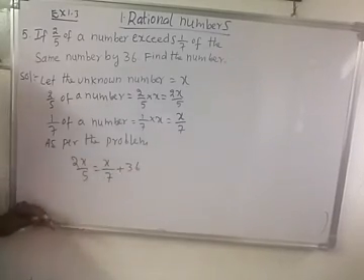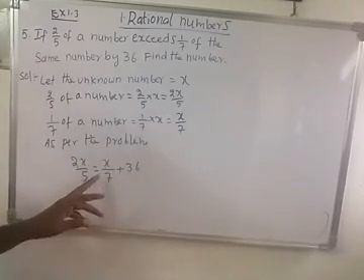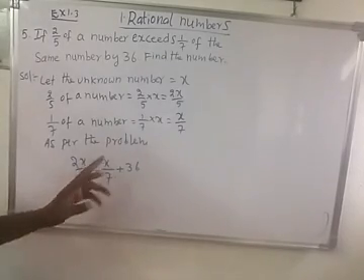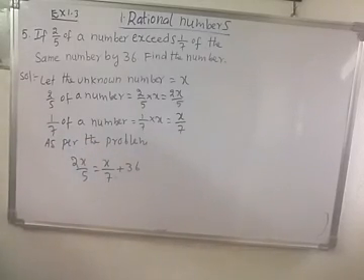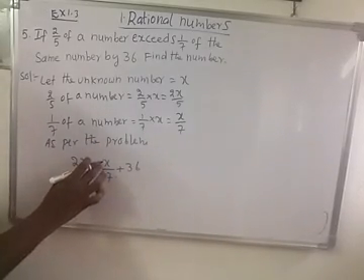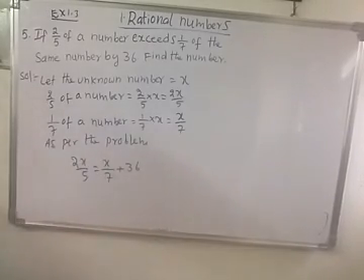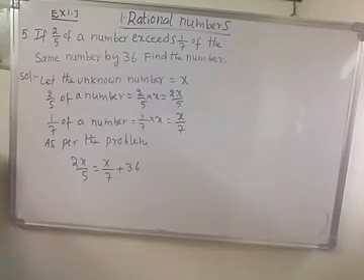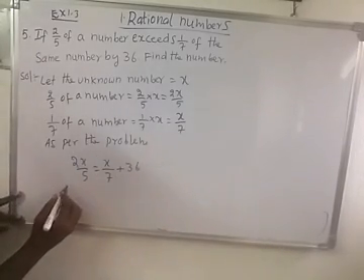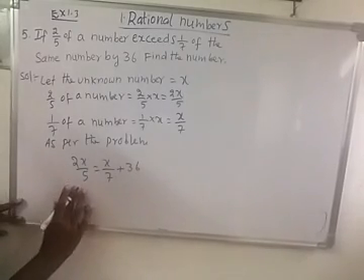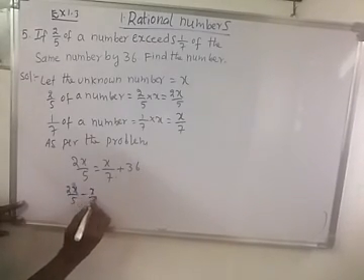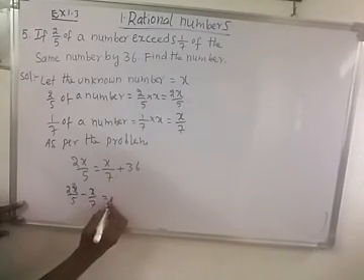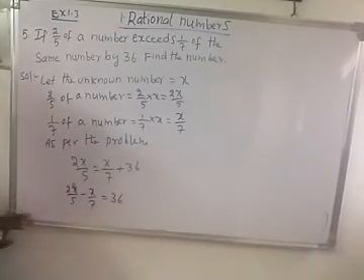Now x by 7 has a positive sign, so we transpose it to the LHS, and a positive quantity transposed to the LHS becomes negative. So 2x by 5 minus x by 7 is equal to 36.